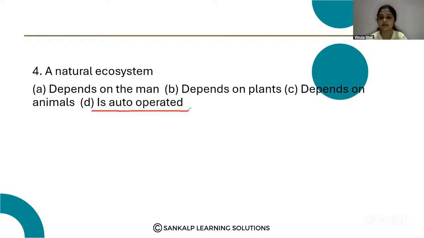Option D is the correct answer. Auto-operated means they are not regulated by plants or animals or man or anything. So the functions are auto-operated. Option D is the correct answer.